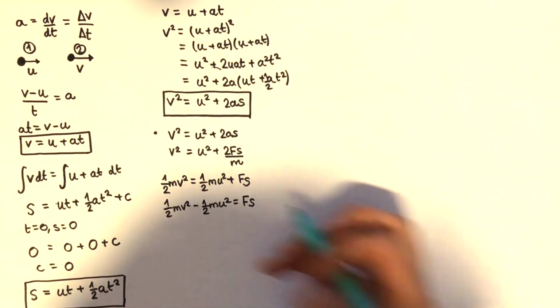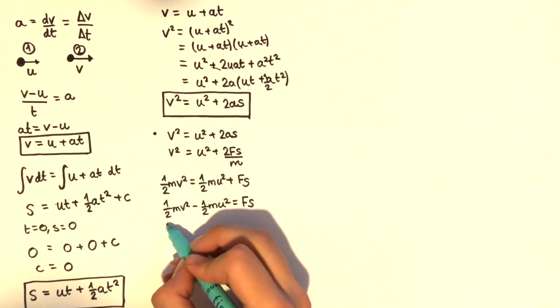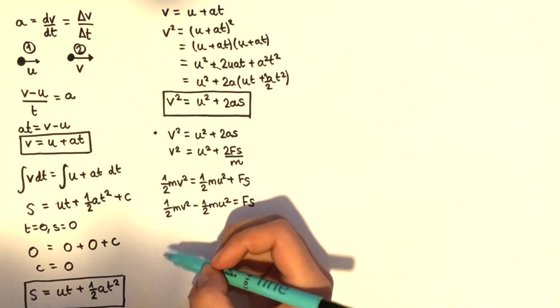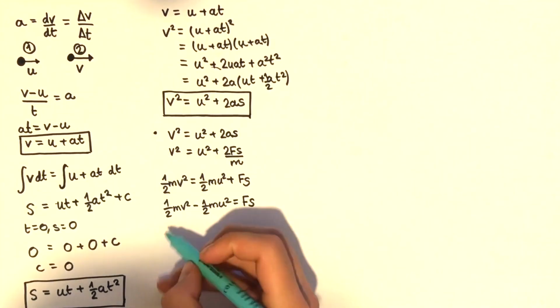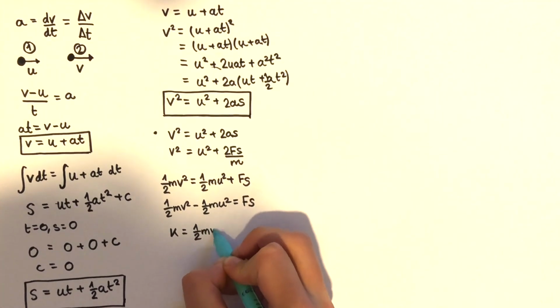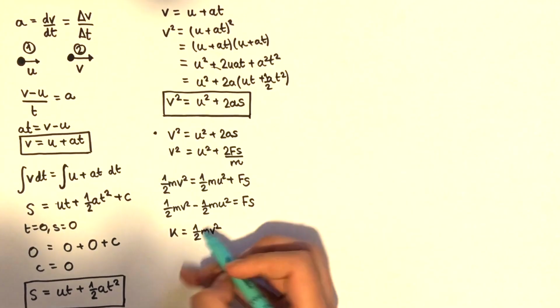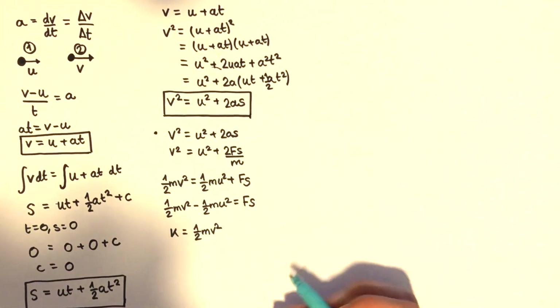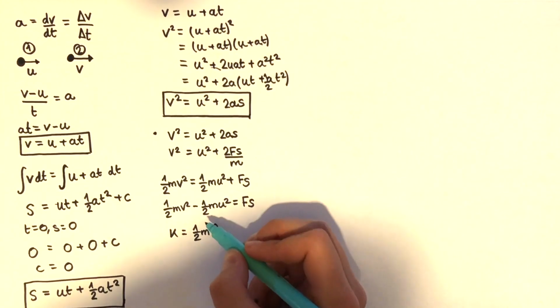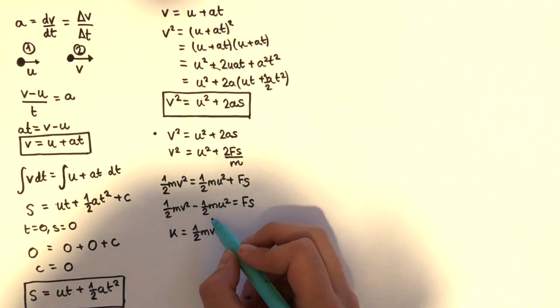Now you'll see that this term right here is the final kinetic energy of the particle, because of course you know that kinetic energy, K, is generally half mv squared. So this is the final kinetic energy of the particle, and this is the initial kinetic energy of the particle.